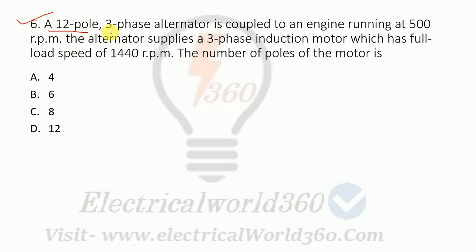A 12-pole 3-phase alternator is coupled to an engine running at 500 r.p.m. The alternator supplies a 3-phase induction motor which has the full load speed of 1440 r.p.m. The number of the poles of the motor is what?